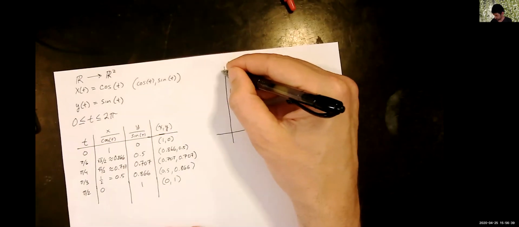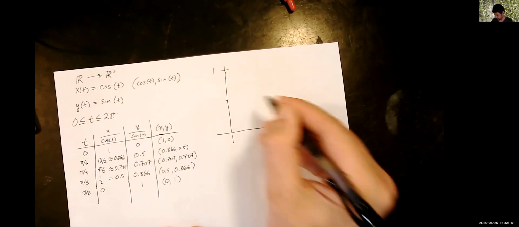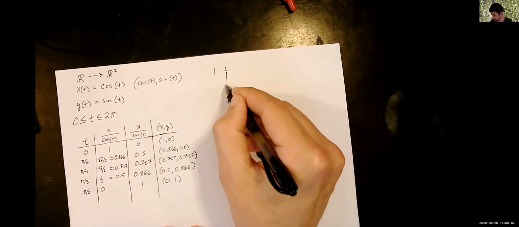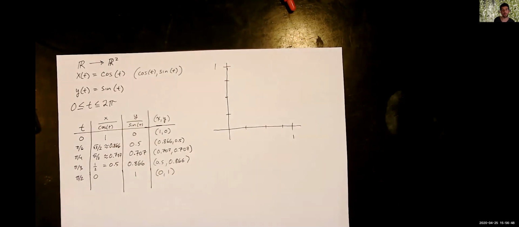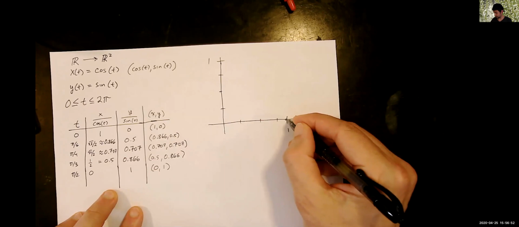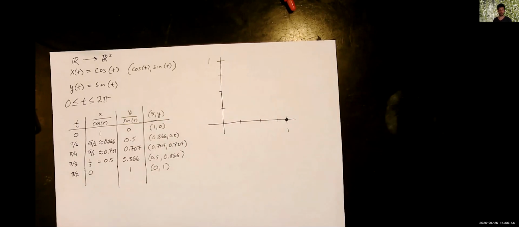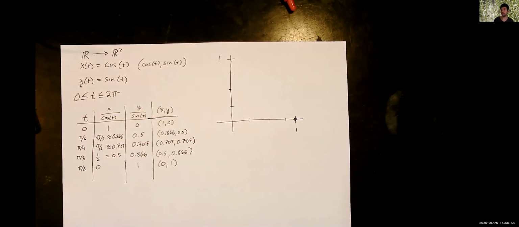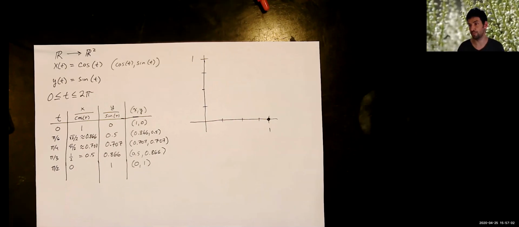Just give myself a little scale. Maybe I'll mark off 1/2 and about 1/4. We're going to do this on a computer in a second, but let's just work through it to build a little intuition. All right, so I start at the point (1, 0). This is my initial point. Remember we said when we talked about parametric equations, the value at the beginning of our interval is our initial point.